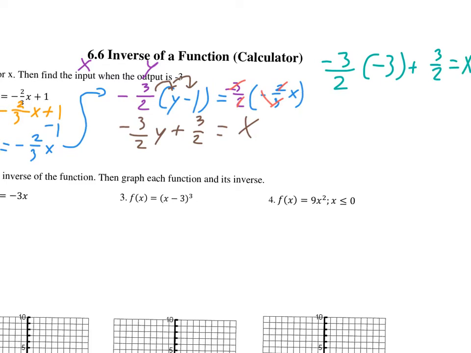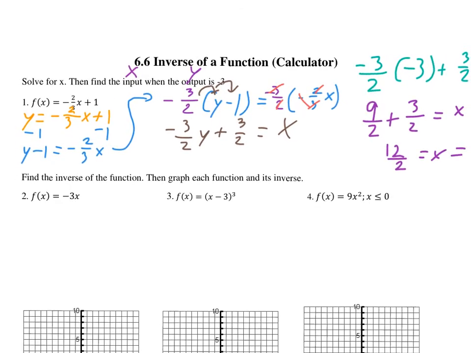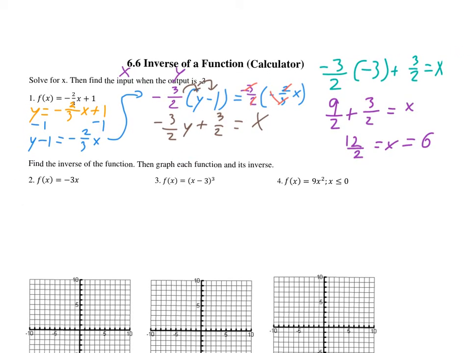Well, negative 3 times negative 3 gives us a positive 9. So this becomes 9/2 plus 3/2 is equal to x. 9 plus 3, well, that's going to be 12. So 12/2 equals x, which is the same as 6. When x is 6, y is going to be negative 3.